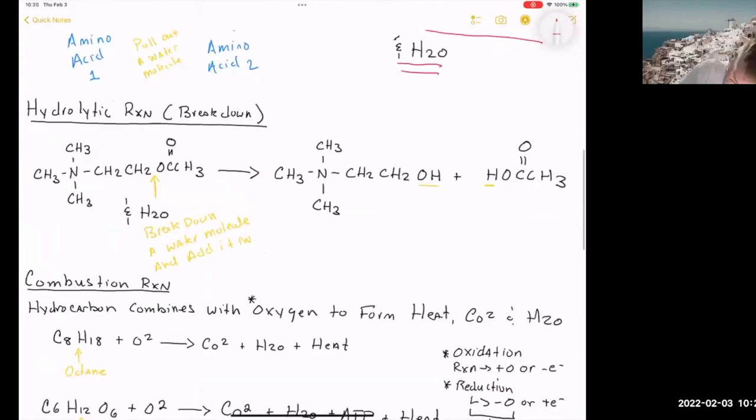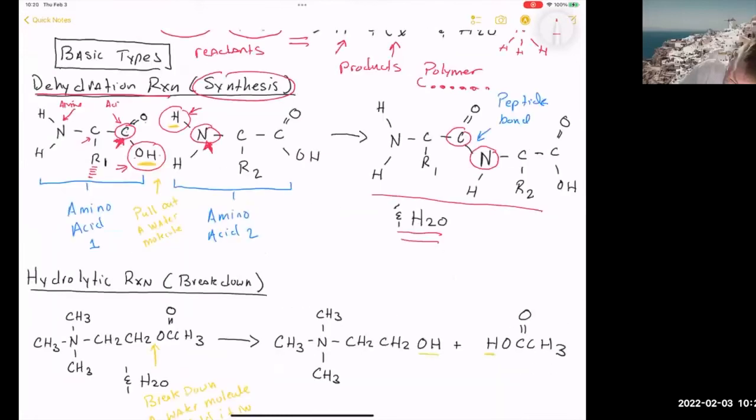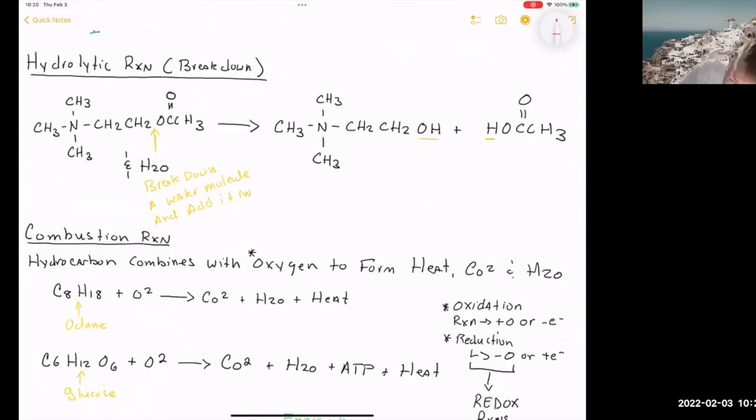So here, up here, we're pulling a water molecule out. So we're dehydrating the reactants. But here, what we're doing is breaking a water molecule apart from the environment and adding it, right? So these are the reactants here, all right?